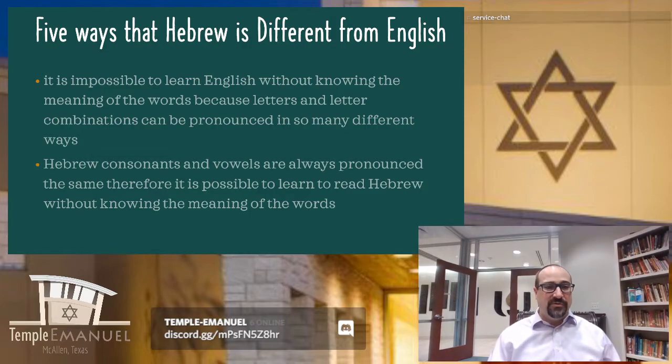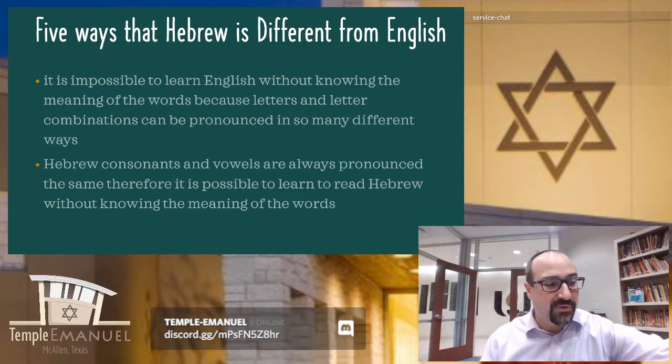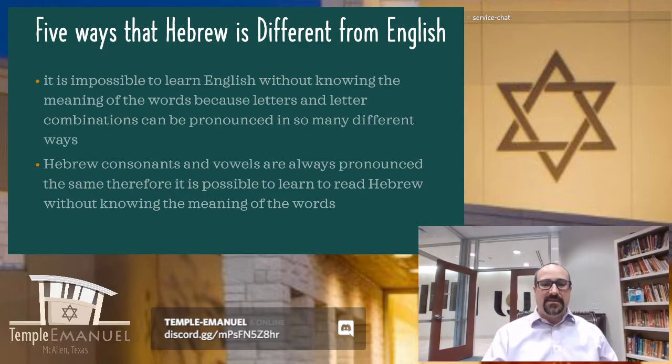In Spanish, if you know the rules, you can pronounce any Spanish word even if you don't know what it means, even if you don't know the context. In Hebrew as well, whatever the nature of the Hebrew word, you can pronounce it just based on how it is written. There are no mysteries or hidden tricks or special knowledge required.